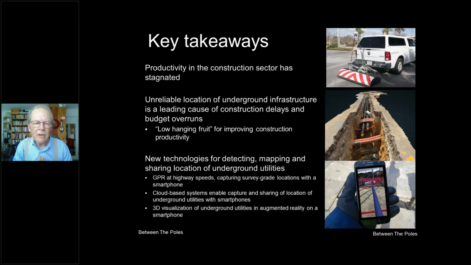We've talked a little bit about some of the new technologies, GPR at highway speed, inertial navigation, cloud-based systems for capturing and sharing information, and augmented reality systems for showing that.